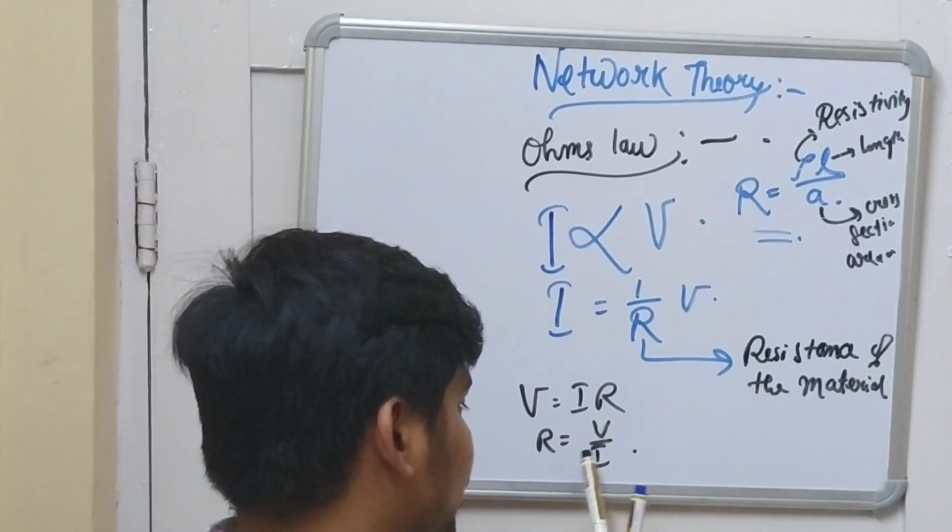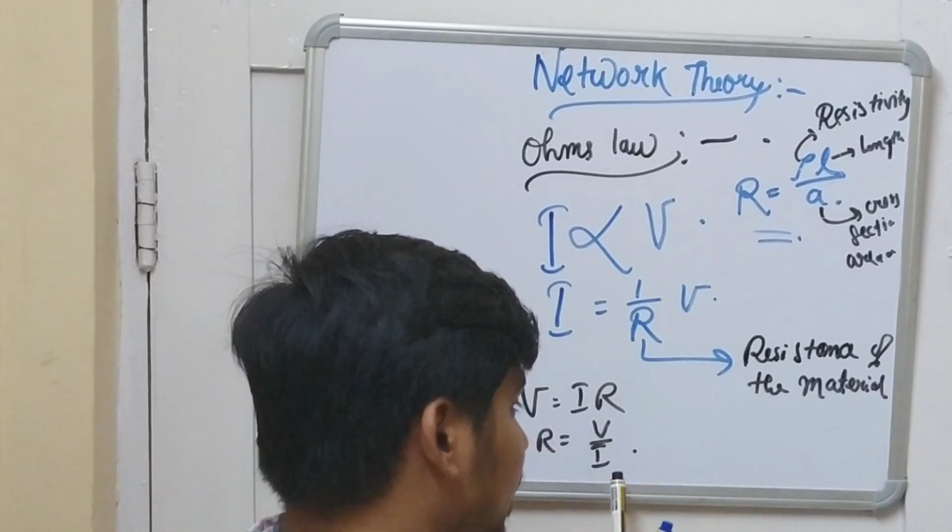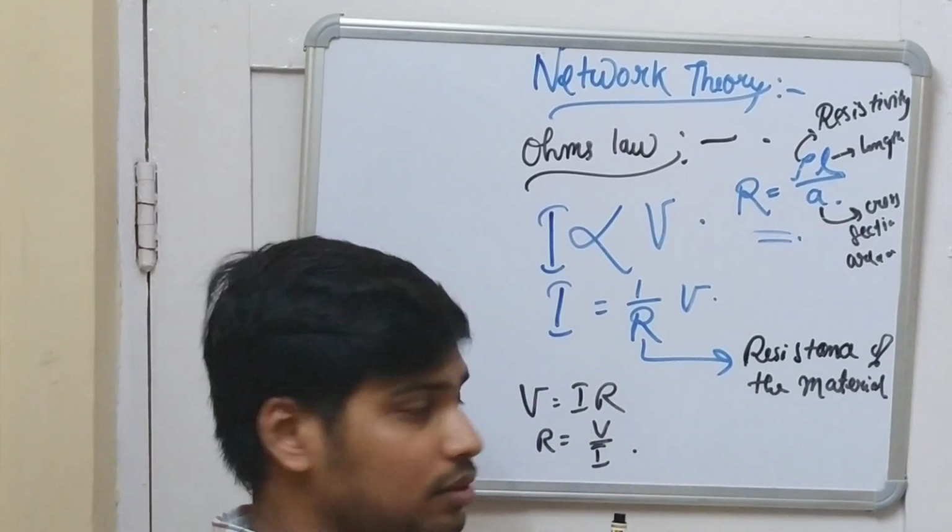Now you will say that it is depending on V and I, as R = V/I. You may think like that, but it is not like this.